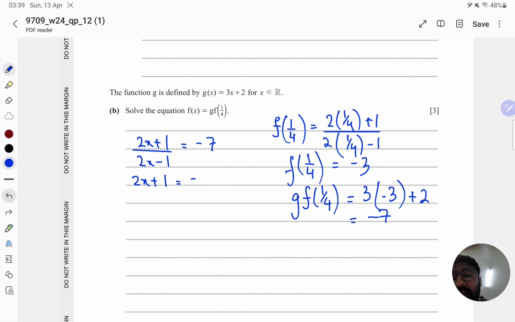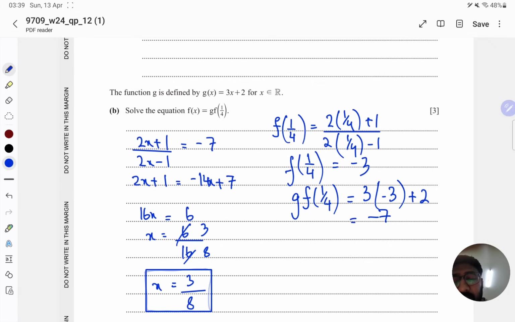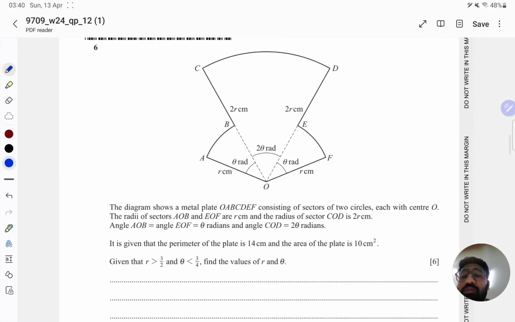So minus 14x, so it will be 16x equals 6. The value of x will be 6 over 16, which is 3 by 8. So the value of x is 3 by 8.